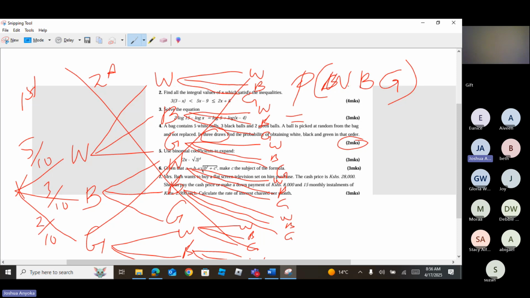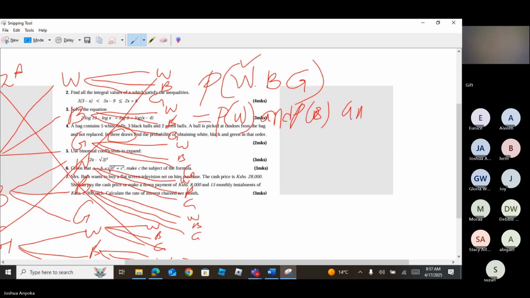Let us think critically. The order we are told to pick is white, black, and then green. What is the probability of picking white? And the probability of picking black, followed by the probability of picking green, in that order.